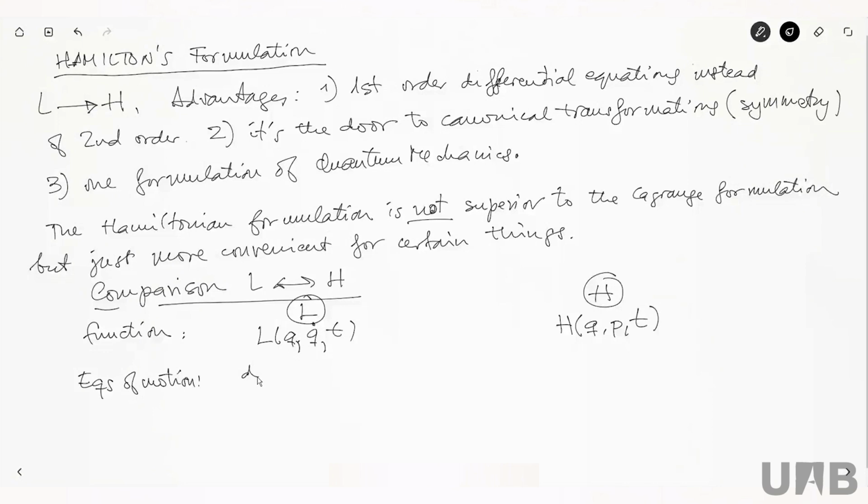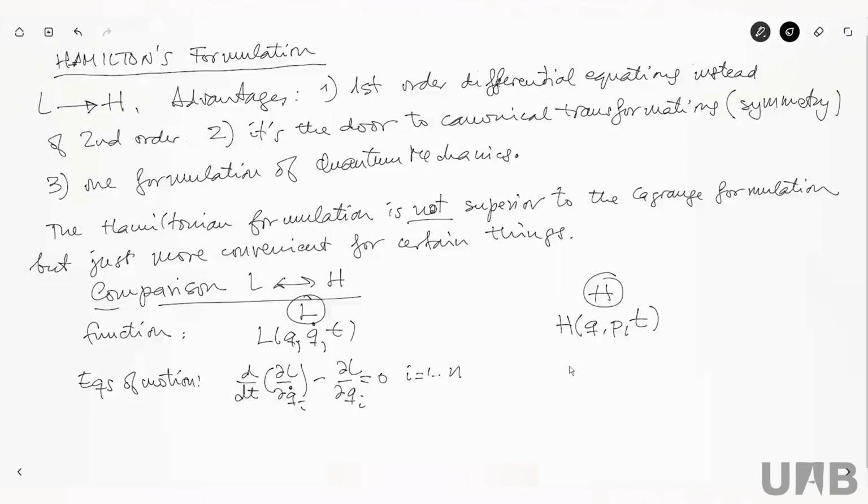So those are the Euler-Lagrange equations of motion: d/dt of the partial of L with respect to q dot i, minus the partial of L with respect to q i, equals 0, for i equals 1 to n.